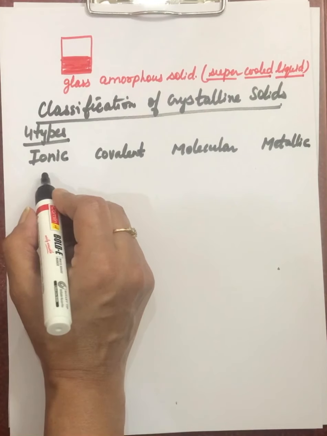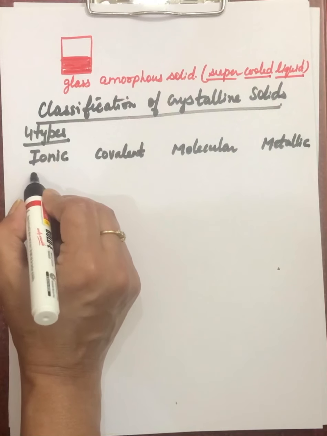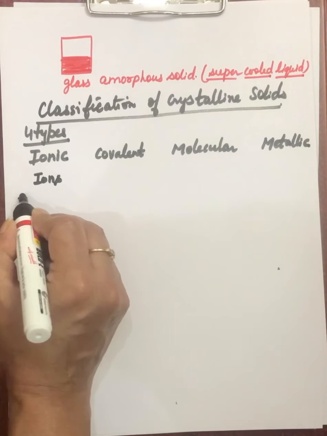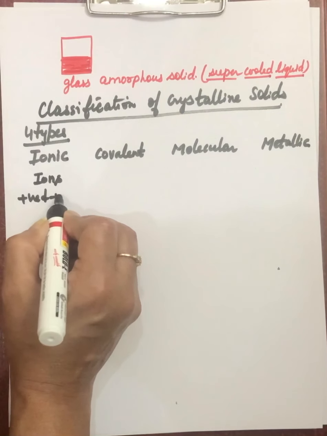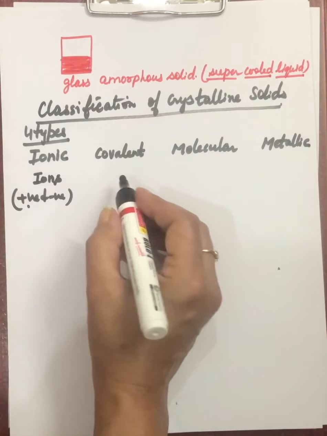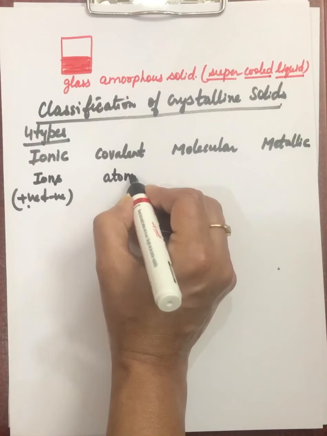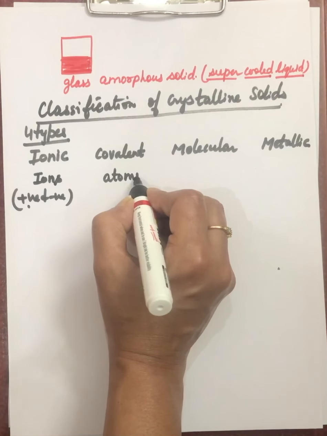Like in ionic solids, the constituent particles are ions, positive and negative ions. While covalent solids are made up of atoms. The constituent particles here are atoms.